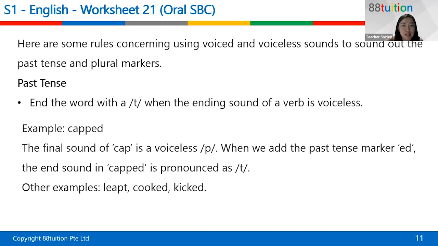So when we add the past tense marker ed, it will sound like T. So instead of saying "keeped," we say "kept." What they're trying to say is that when you are ending a voiceless sound, because the last letter P is voiceless, when we add ed, we will pronounce it as T instead of D.